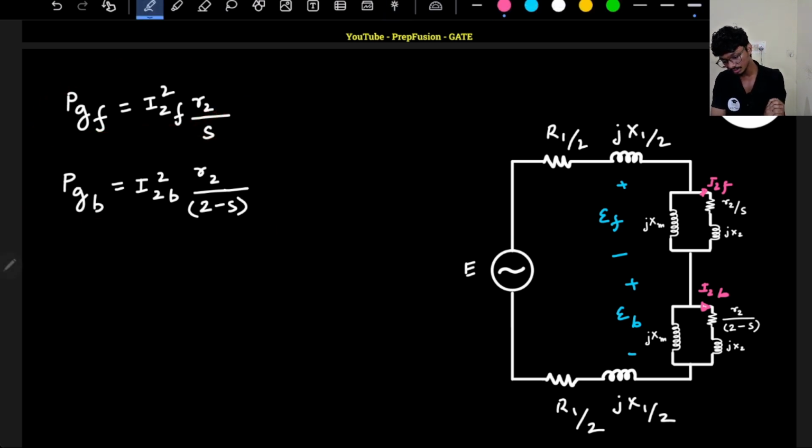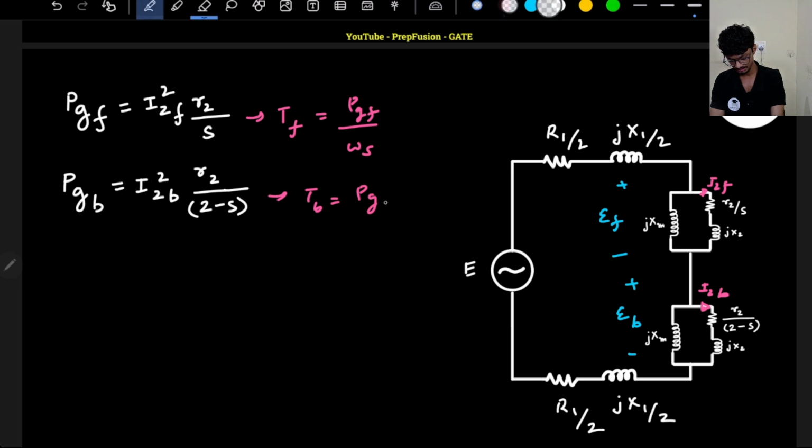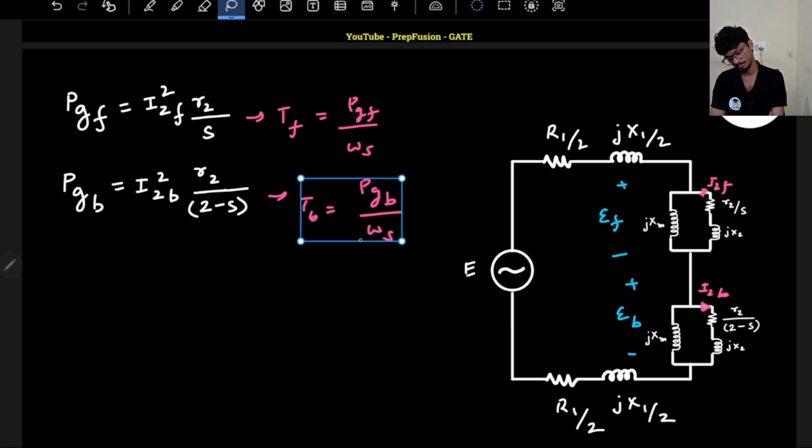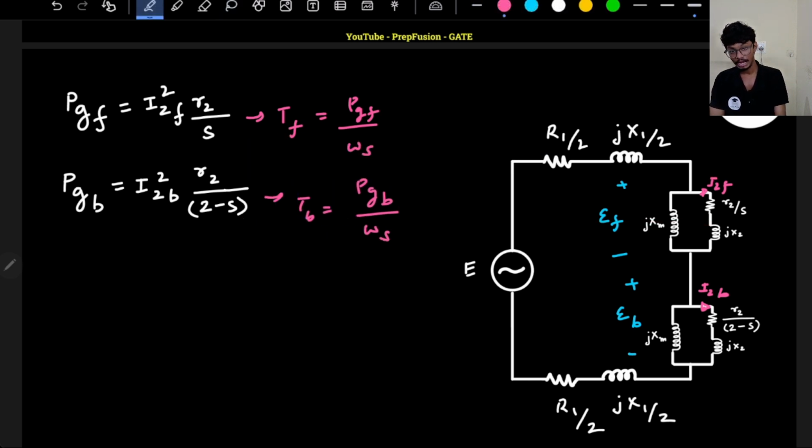What will be the torque due to this? Torque due to the forward field will be PGF divided by omega S, and torque due to the backward field will be PGB divided by omega S. And what will be the net torque?